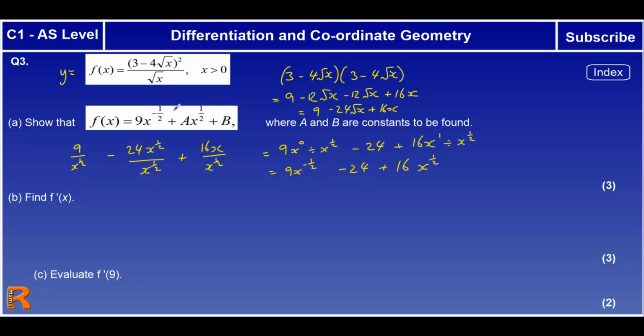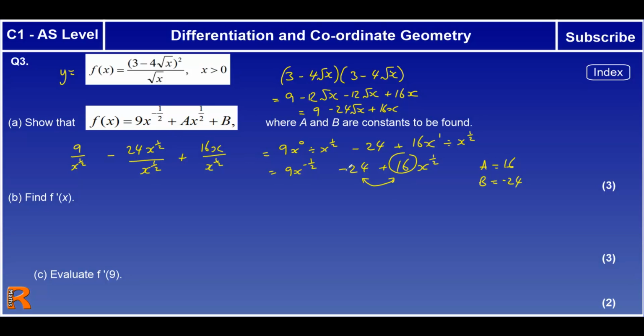It's nice that they've given you that one to give you a clue to make sure you're on the right track. I've got these the wrong way around, but it doesn't make a difference. A x to the half, so this is the a here. A equals 16. And then b equals the constant term, which is minus 24.